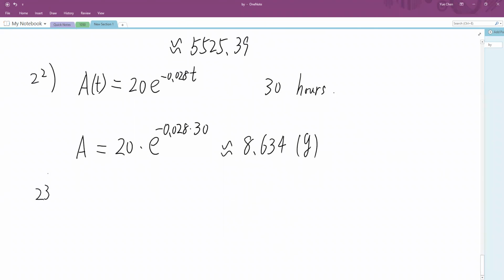23. $10,000 is invested at 16% compounded quarterly. What is the balance after 6 years?